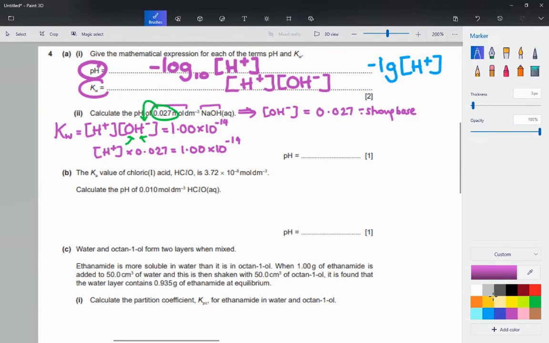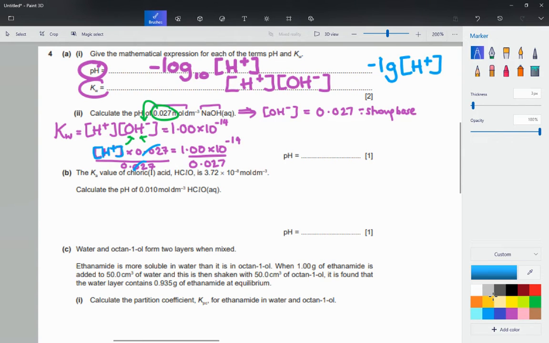If we then divide both sides by 0.027, the 0.027s cancel out on this side, and we're just left with the concentration of H+.